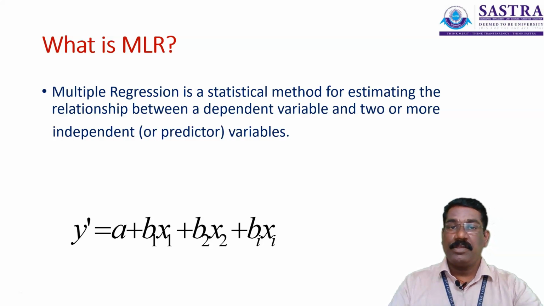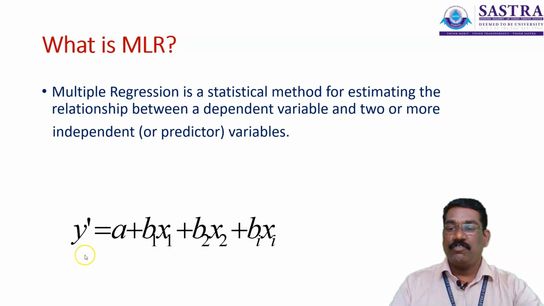It is one of the multivariate techniques, we all know that. Multiple regression analysis is a statistical method for estimating the relationship between a dependent variable and two or more independent variables. We have simple regression analysis and also multiple regression analysis.